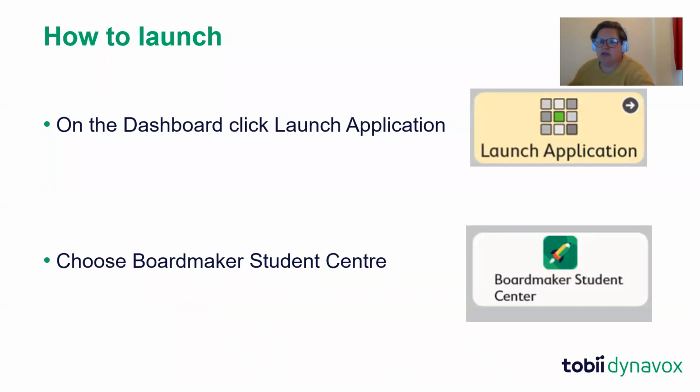Again, on the dashboard, there's a button that says Launch Applications. So you can use this to launch a couple of different apps. You can choose the Boardmaker Student Centre on there, and then it will open it up. I'll need to demo this a little bit to put a little more context to it. But this will allow you to open up activities straight from there.